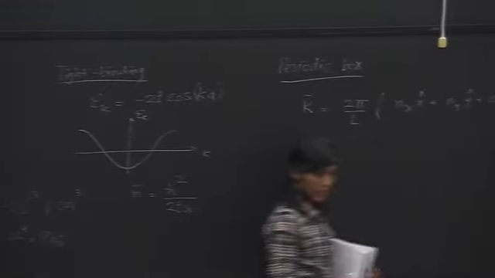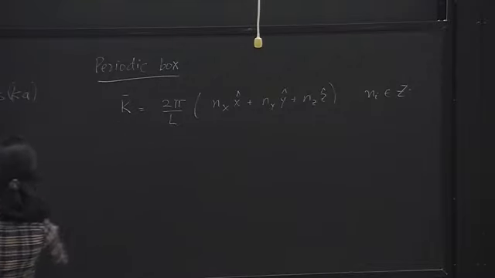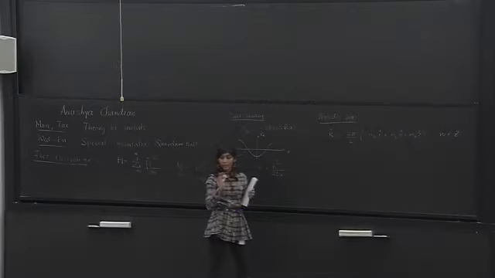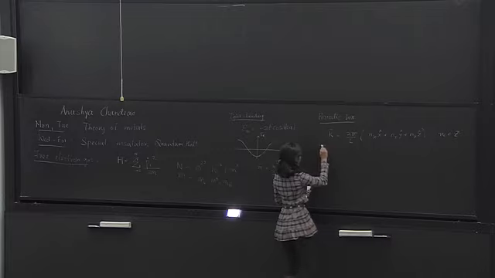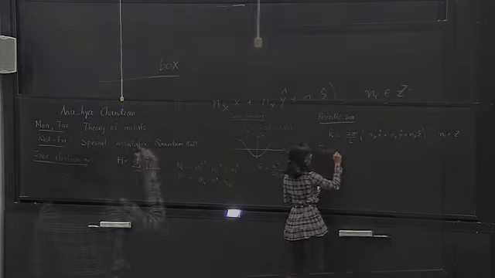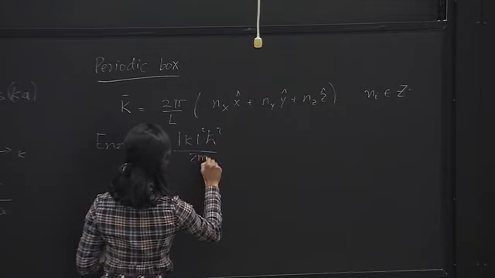These n's are integers. So the solution is just what you learn in good old quantum mechanics, the first course you take: the solutions are plane waves. The energy is just h bar squared k squared over 2m.